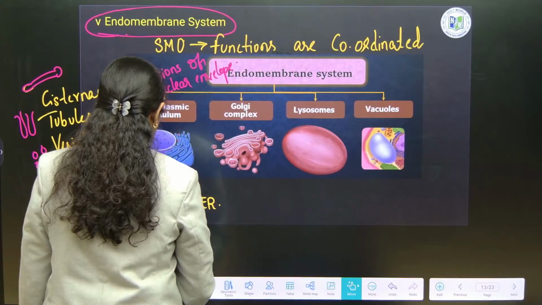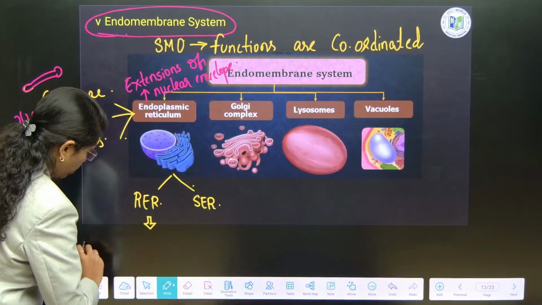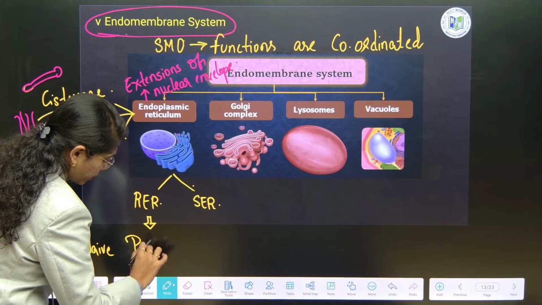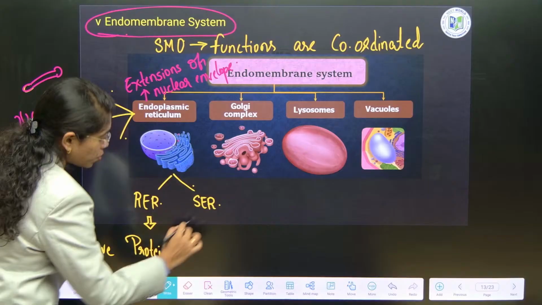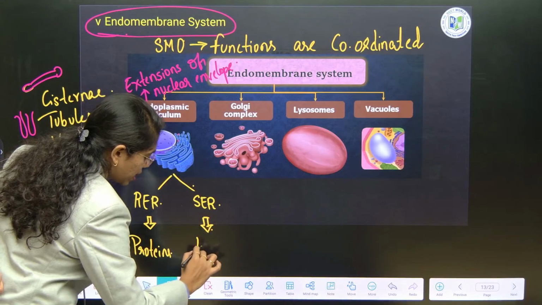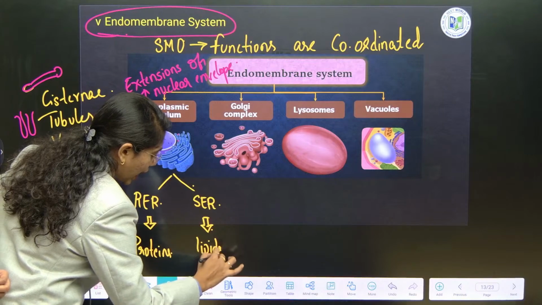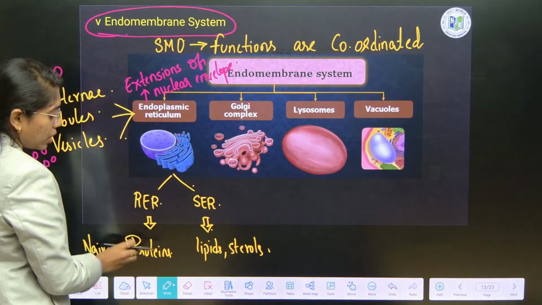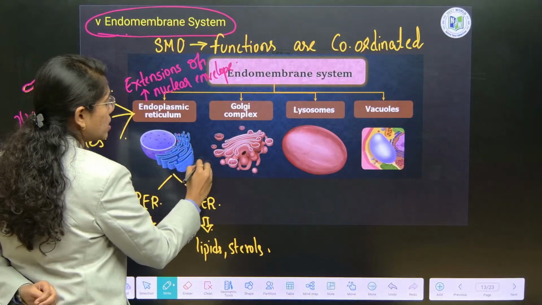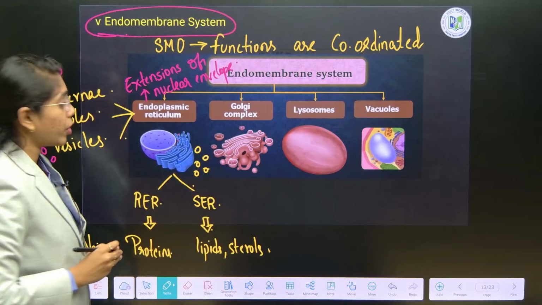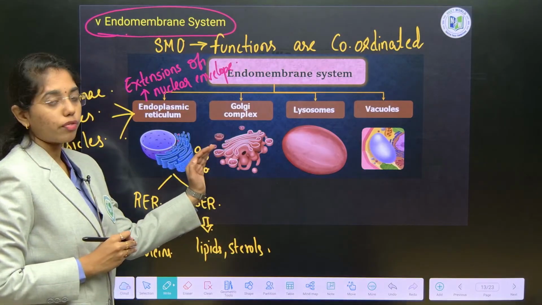Rough endoplasmic reticulum will synthesize naive proteins, whereas smooth endoplasmic reticulum will synthesize lipids and sterols in an animal cell. In the form of vesicles, they will be passed on to the cis phase of Golgi.